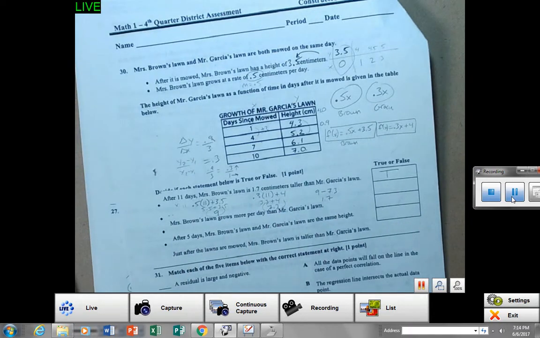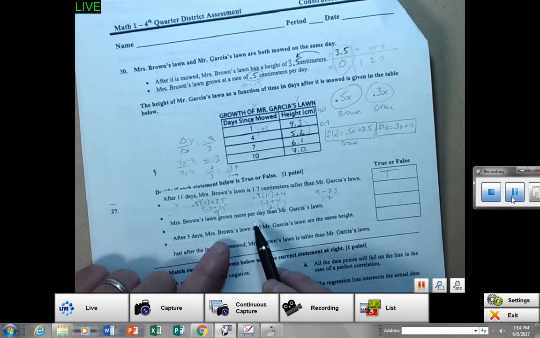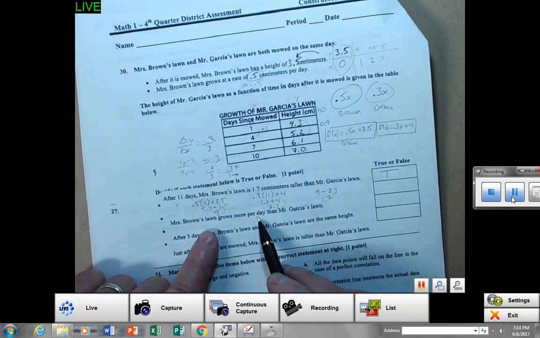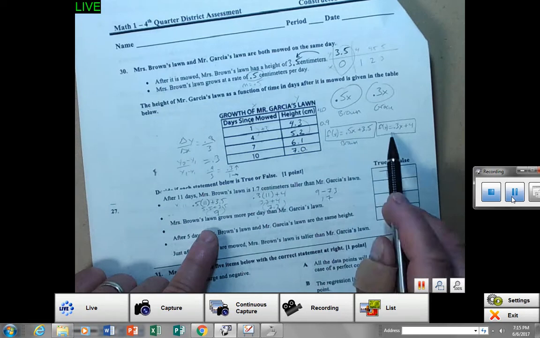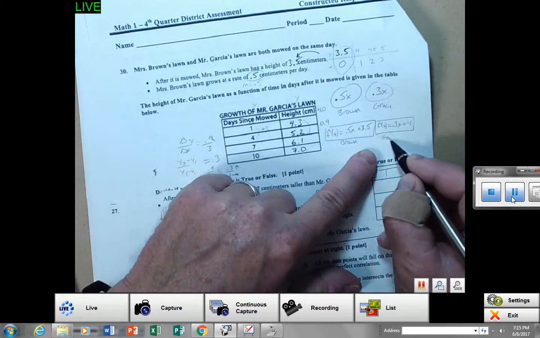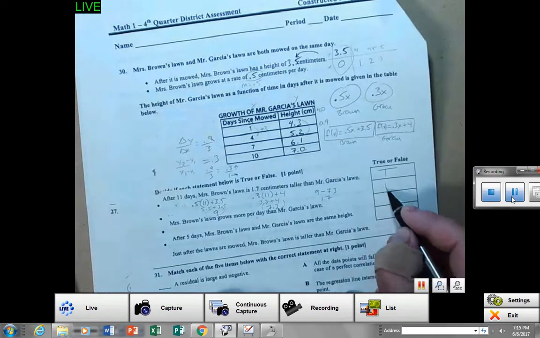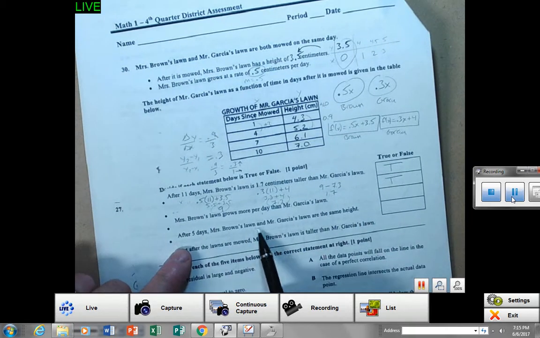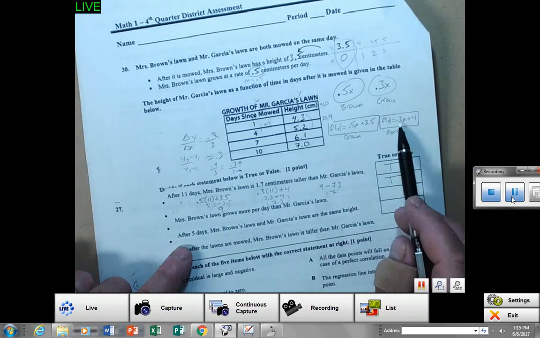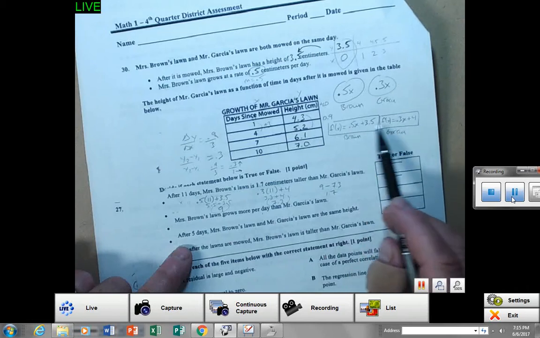Alright, Mr. Brown's lawn grows more per day than Mr. Garcia's lawn. Yep, Mr. Brown has a faster rate of growth than Mr. Garcia here. So that is true. After 5 days, Mr. Brown's lawn and Mr. Garcia's are the same height. There's no way I'm going to plug in 5 into both of these and get the same height.